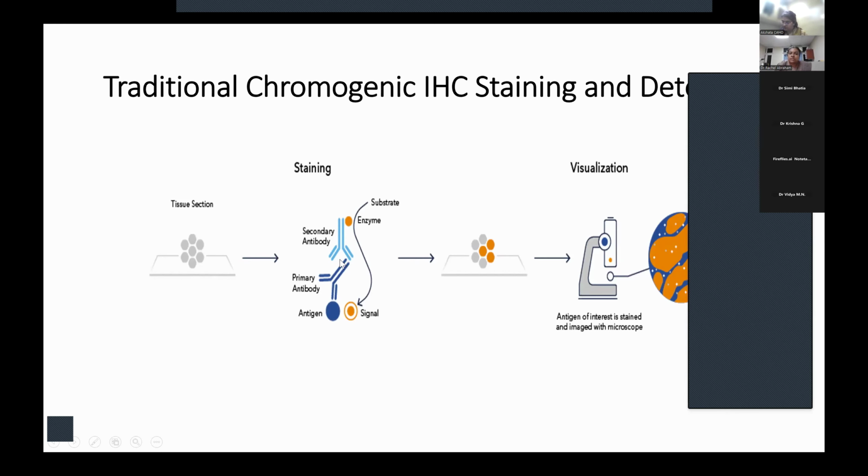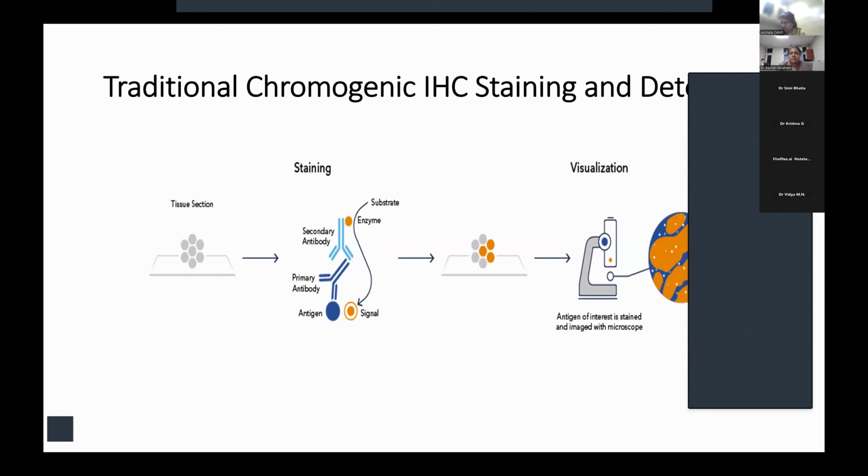Once this complex is formed, a secondary antibody binds to it in order to enhance and amplify the reaction signal. As the secondary antibody is tagged to an enzyme substrate, this interaction results in the formation of a colored product which is precipitated at the site of the antigen antibody reaction.